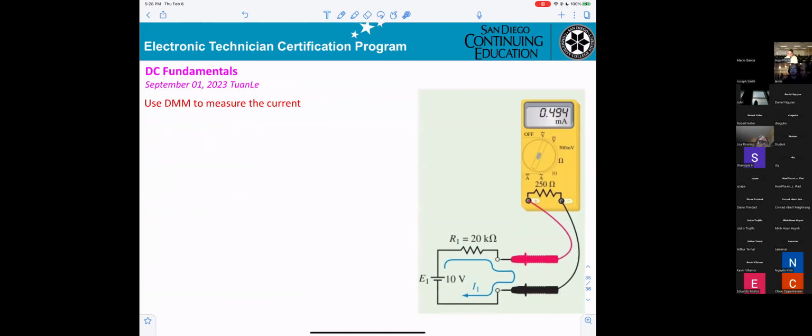Now this is just a little more detailed. You see that to measure the current, they have to break the circuit right here, so the current will go through the meter and then go back to the route. That's not allowed at work.